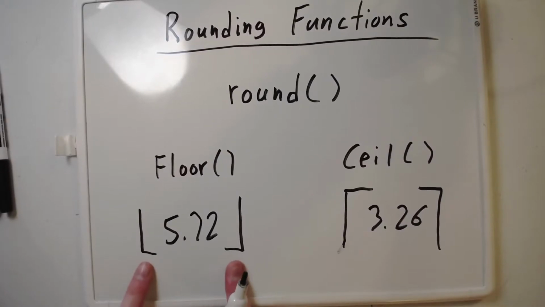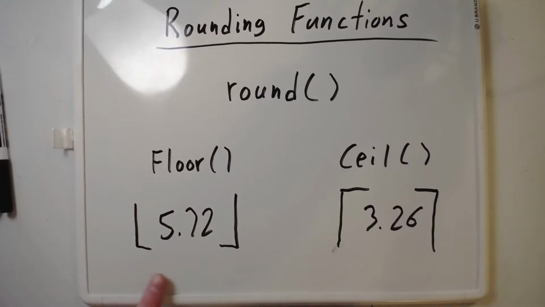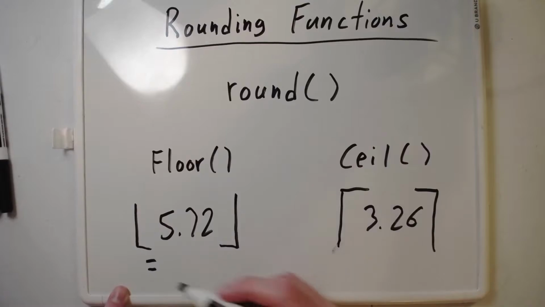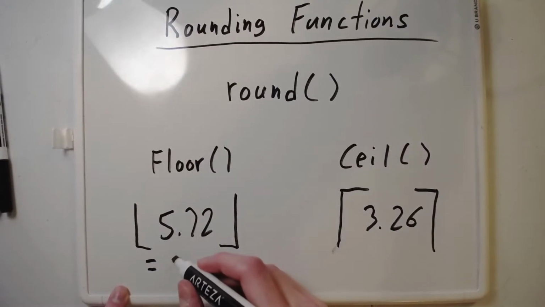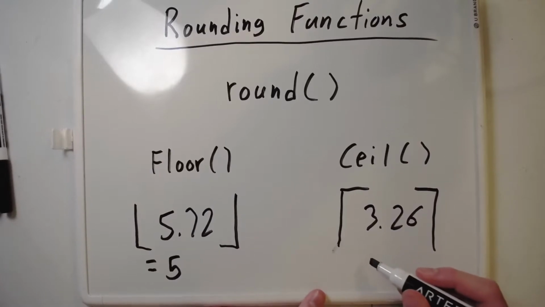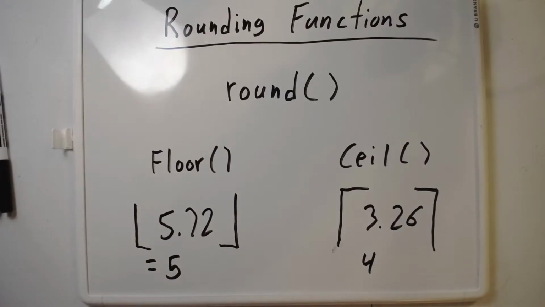If you have little bars on the bottom, that's floor; little bars on the top, that's ceiling. So the floor of 5.72 is 5. And the ceiling of 3.26 is 4, which is really weird because you'd think normally if you were rounding this number, it's going to be 6. And if you round that number, it's going to be 3.